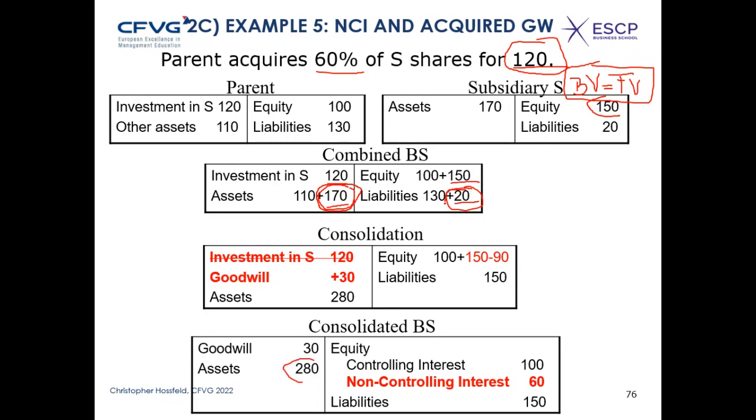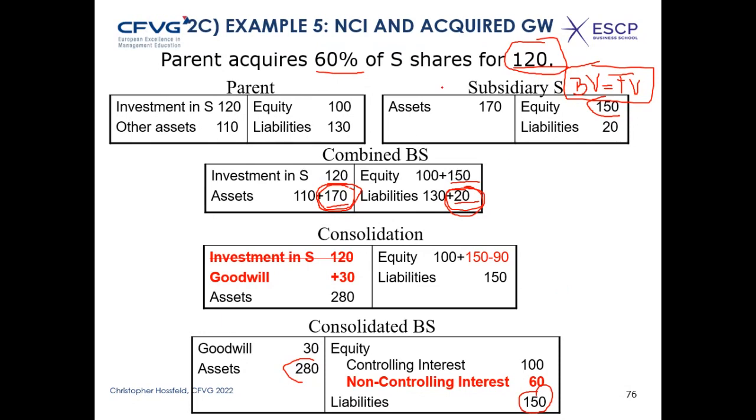I incorporate 100% of the liabilities. If I look at the income statement, I include 100% of the revenues, 100% of the expenses of the subsidiary. So everywhere in the balance sheet, I take 100% of the subsidiary. Everywhere in the income statement, I take 100% of the subsidiary.